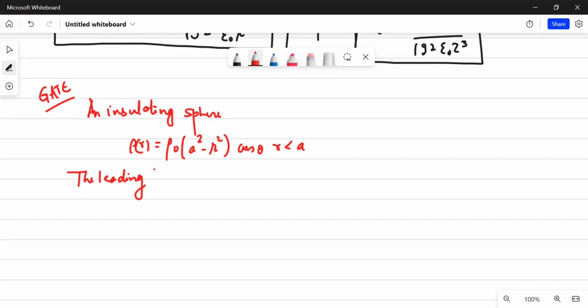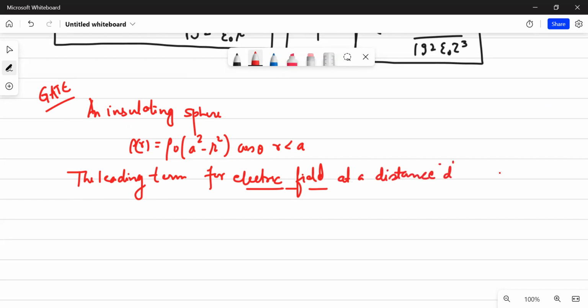Okay, the leading term for the electric field, not potential, we need to see. So electric field, कभी कभी यहाँ गलतियां होती हैं, electric field at a distance d, far away from the charge distribution, is given by, or is proportional to.